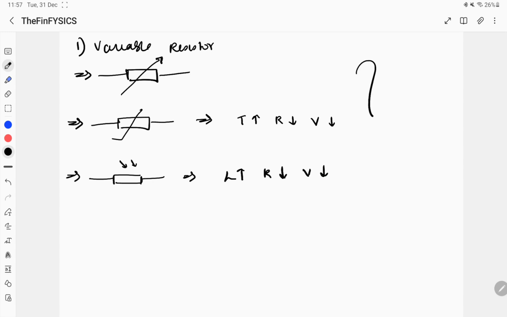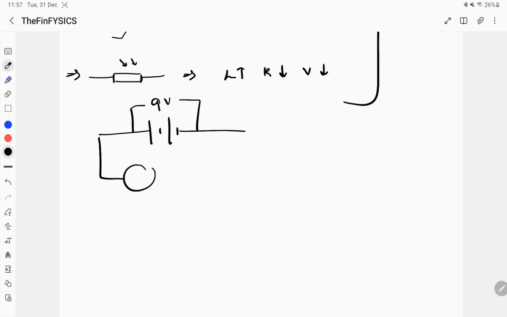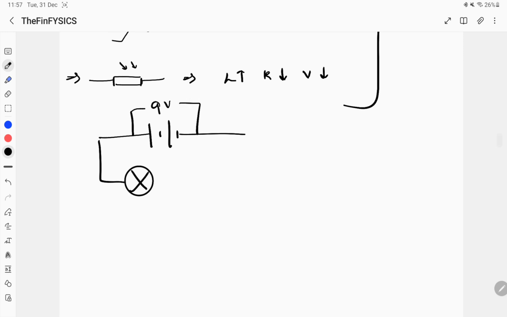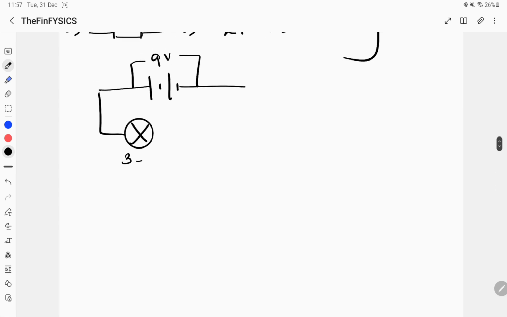So if I have to use them in any of my potential divider circuits, let's take the same circuit which we had before. This is 9 volt. This is a bulb, I believe, working at 3 volts, 3 ohm. And here is my thermistor or LDR, you can take anything, or a variable resistor.